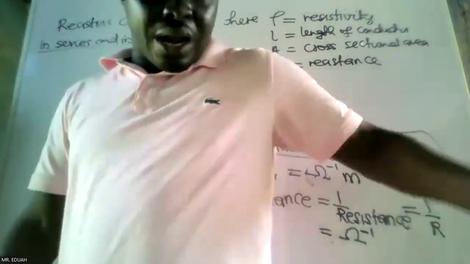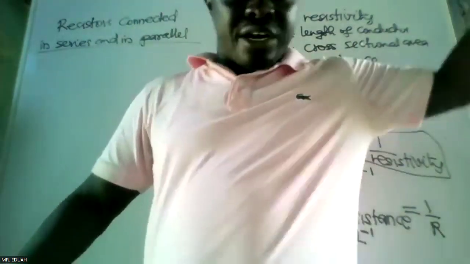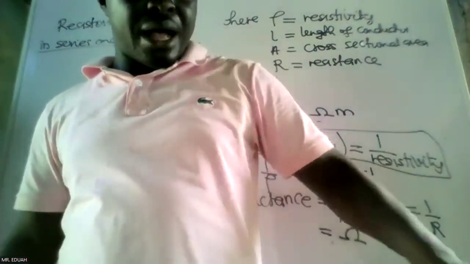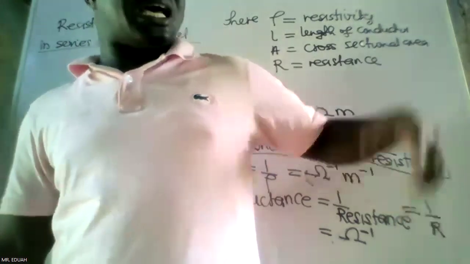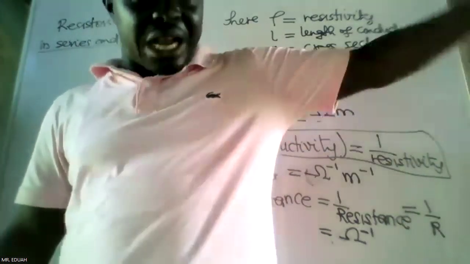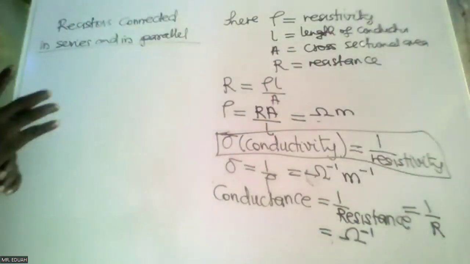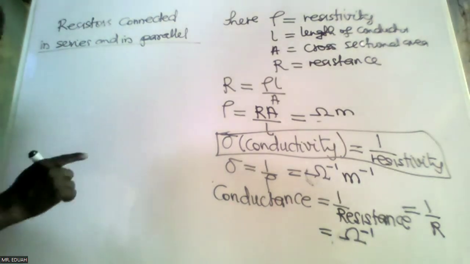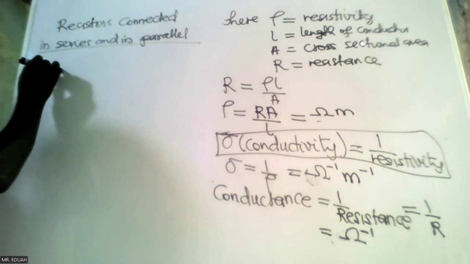I'm here, one is here, followed by the next, on and on. And then we hold our hands. So I hold your hand, you also hold the hand of another, on and on. This is series connection of resistance.